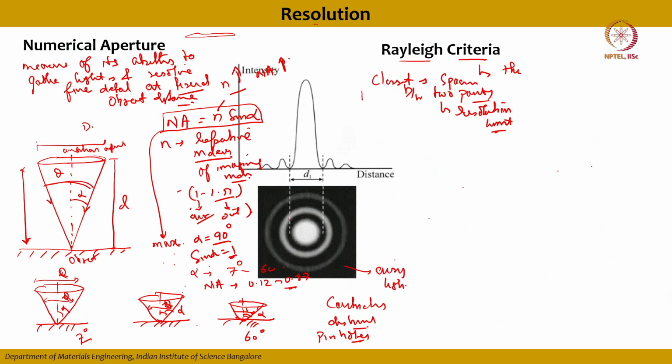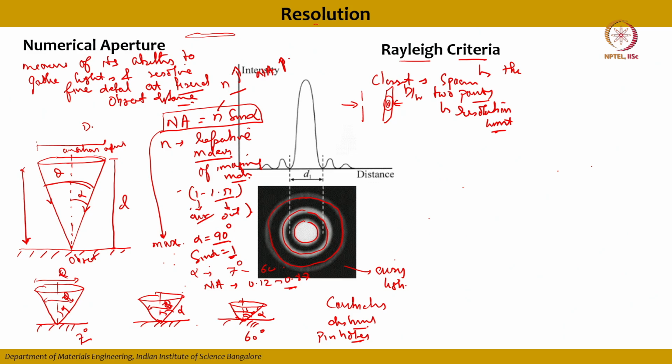So if you have a pinhole and your light passes through this particular pinhole, you will have concentric rings in 2 dimensions. And if you see perpendicular to this screen, you will see these concentric rings. These are called Airy rings.